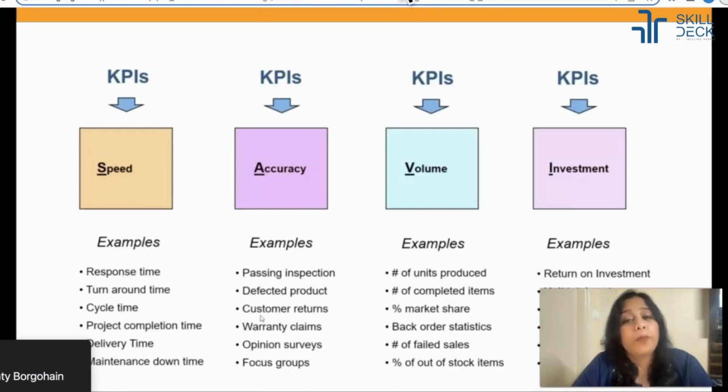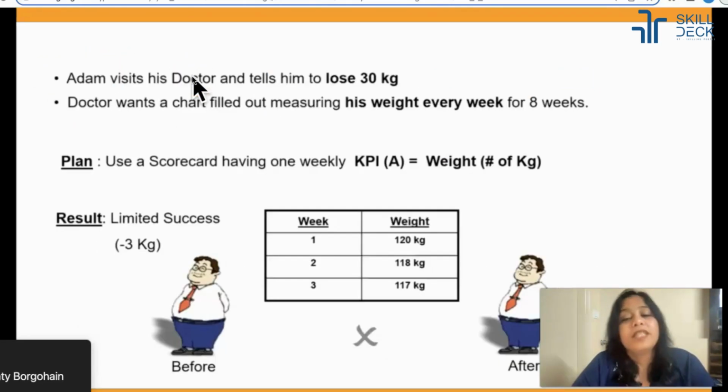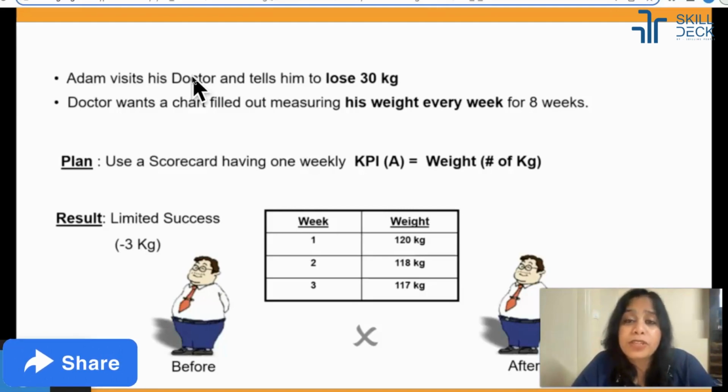Now, the challenge is that when we select the KPI, we have to select it on the parameter of lead and lag. To make you all understand, let's take one example. This person wants to reduce weight. Now, if the doctor only measures the total weight every day when this person goes to the doctor, do you feel the person will be able to achieve the objective?